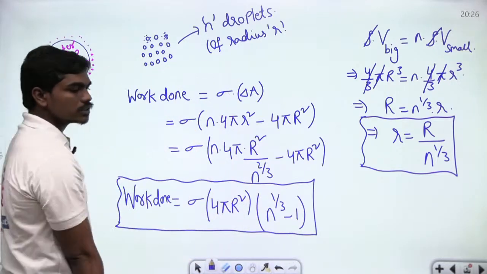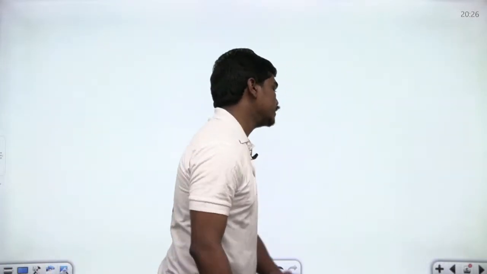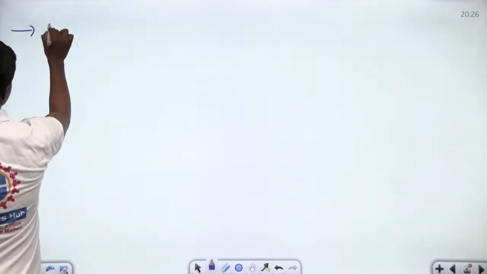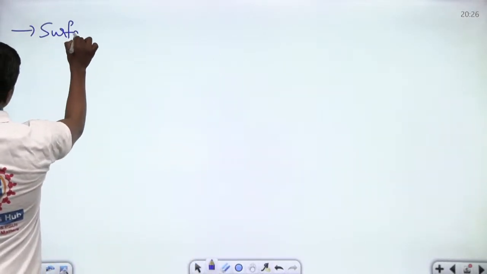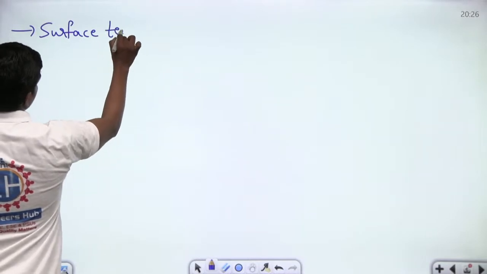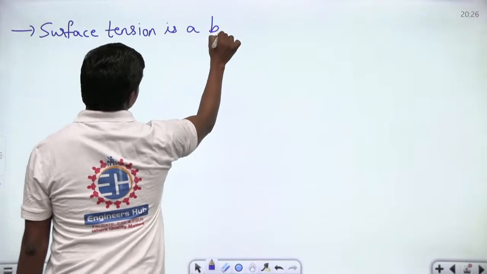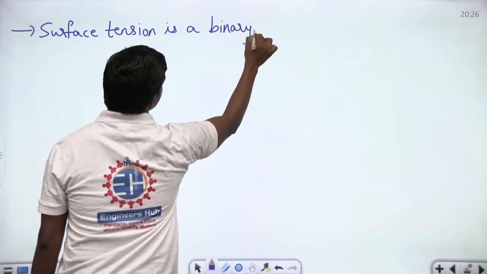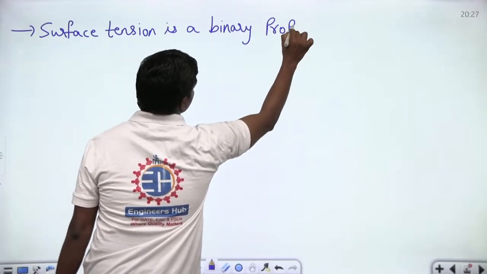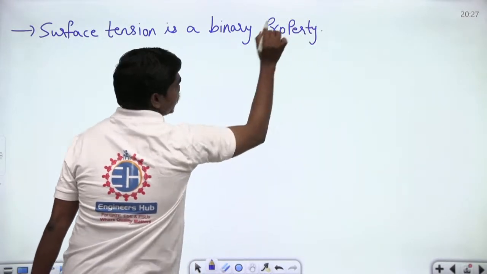Okay, so let us go for conceptual points. See here, surface tension is a binary property. What is the meaning of this? What do we mean by this?